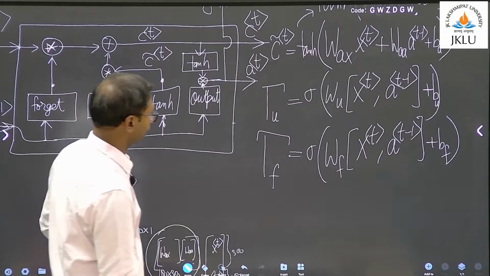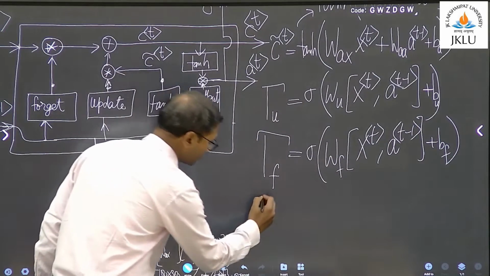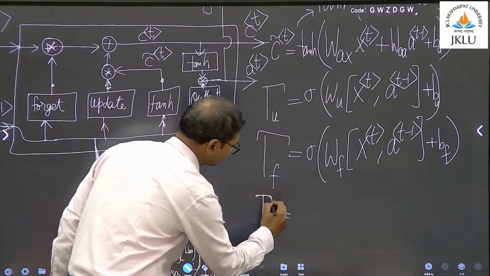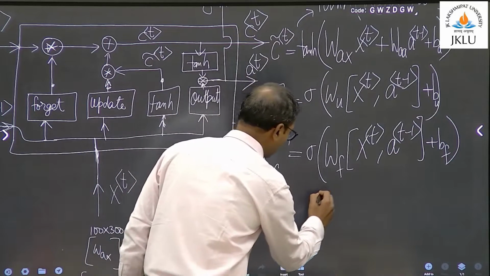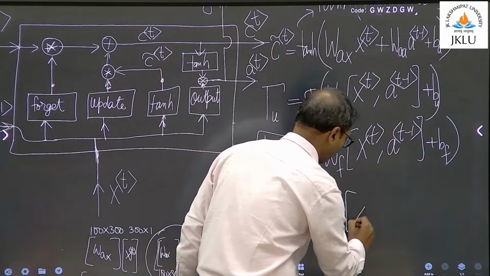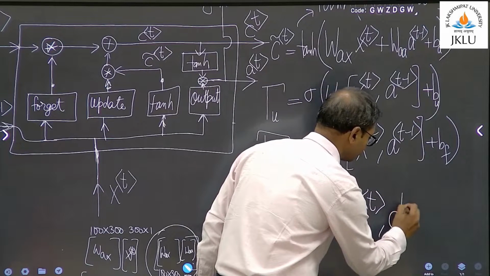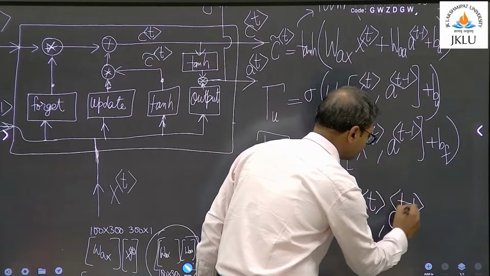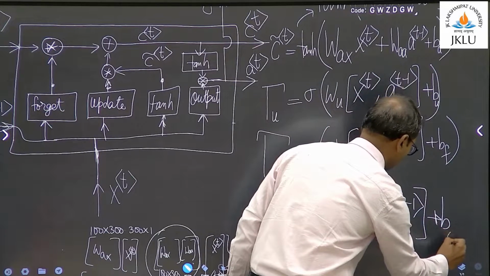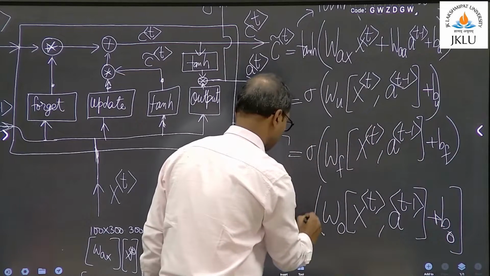What more? So tau O, that becomes WO XT, sigma.